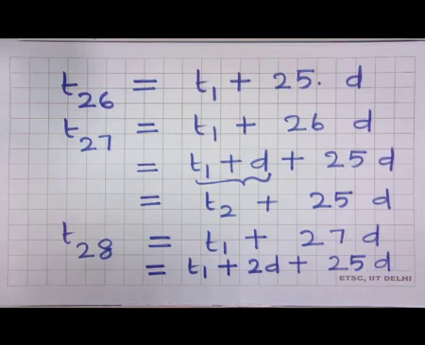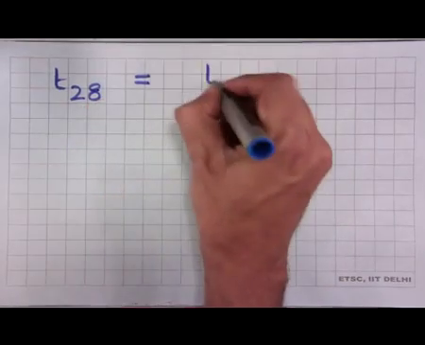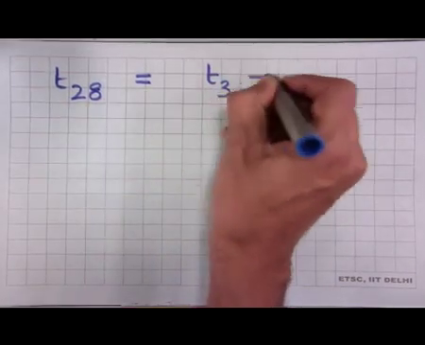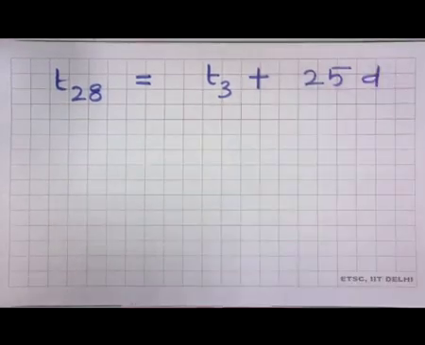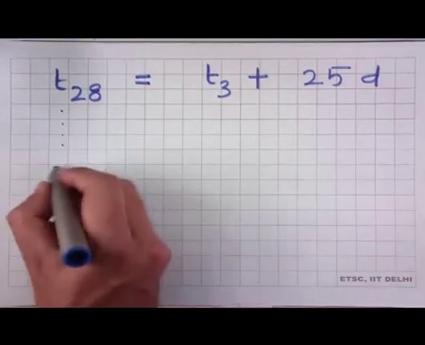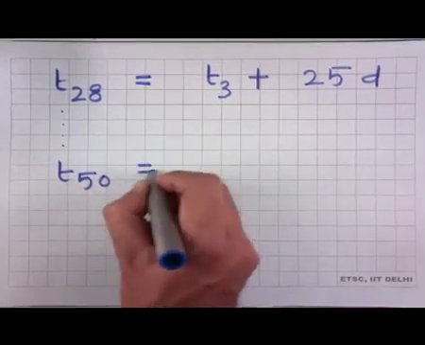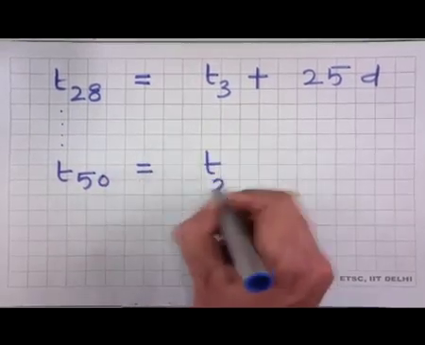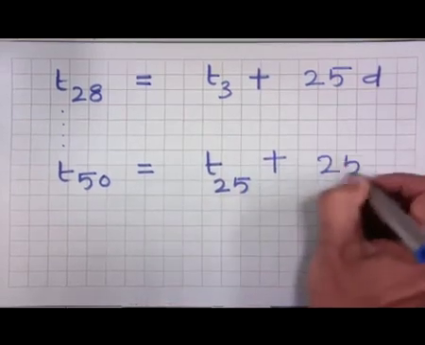Therefore, the 28th term T28 can be written as the third term T3 plus 25D. Proceeding like this, the 50th term T50 can be written as the 25th term T25 plus 25D.